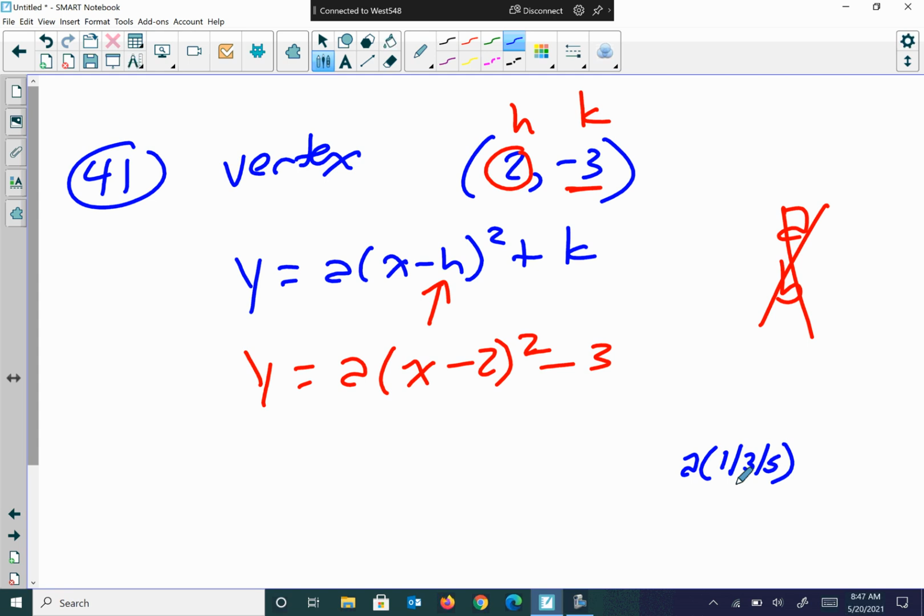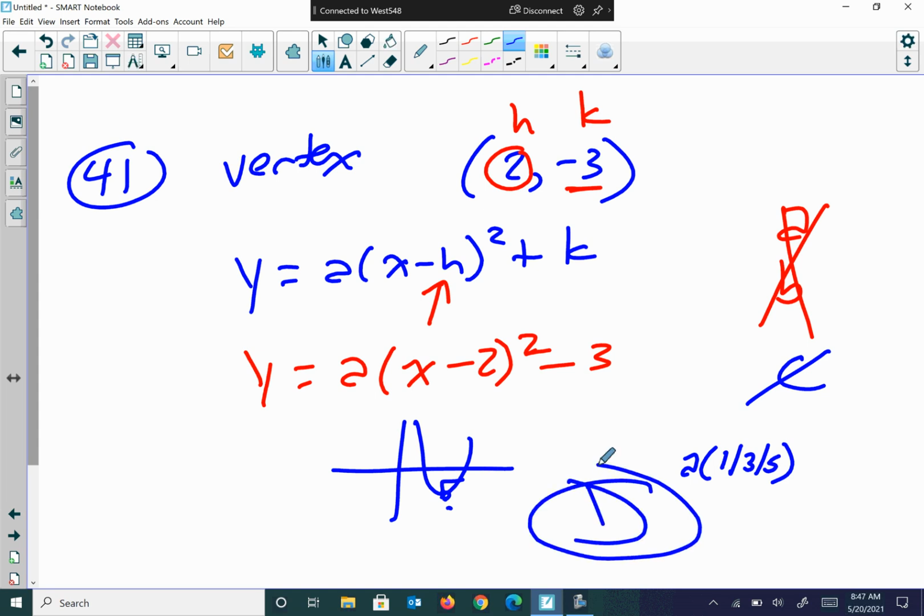No. So that means that C can be crossed off as well, because the a value on that one for pattern graphing would go right 1, up 1. If you look at the graph, we don't land on it. So we know the answer to this one has to be D.